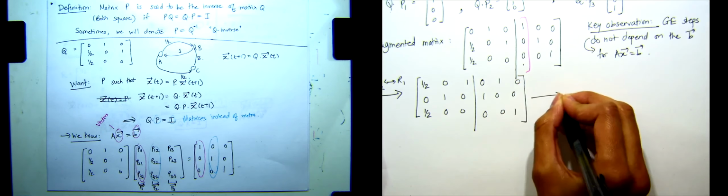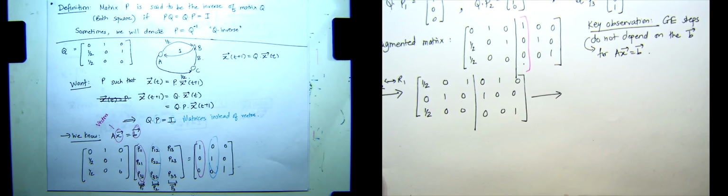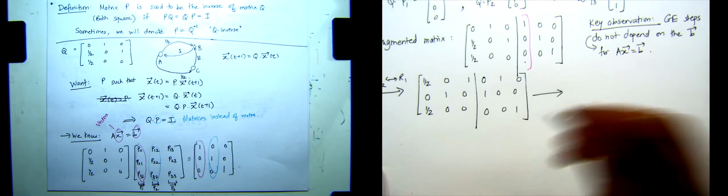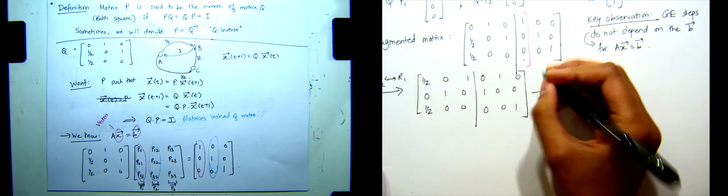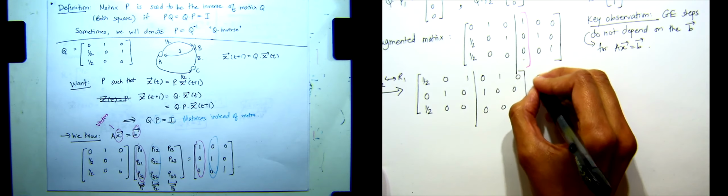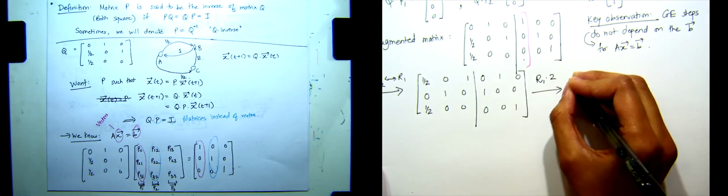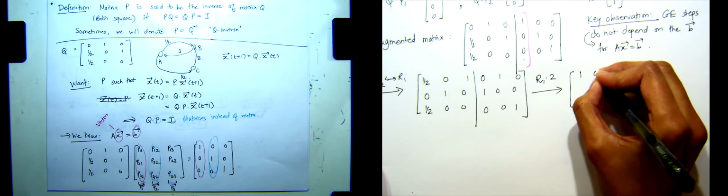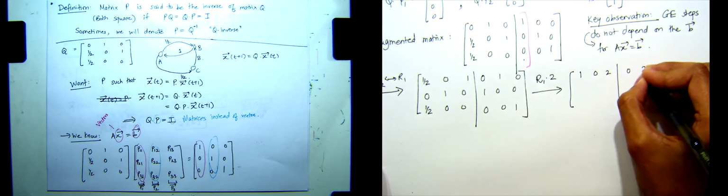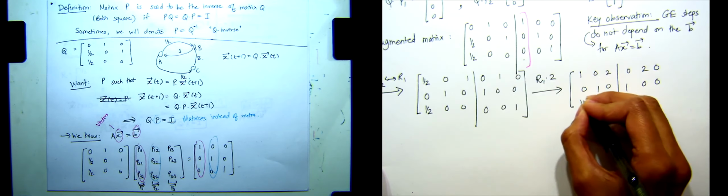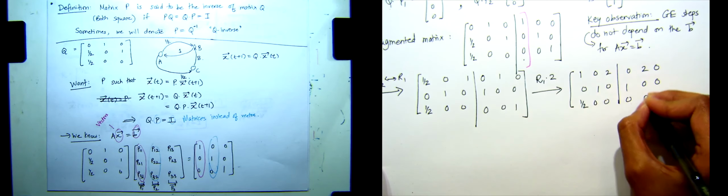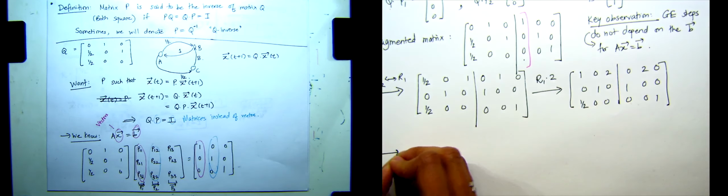Great. Then what do I do? I can normalize the first row, right? So I basically multiply the first row by 2, which gives me 1, 0, 2, 0, 2, 0, 0, 1, 0, 1, 0, 0, 1 half 0, 0, 0, 0, 1.